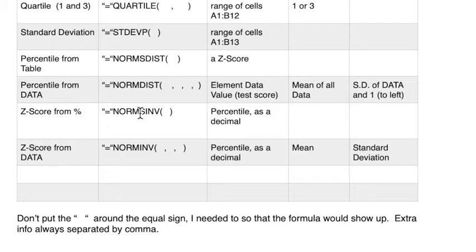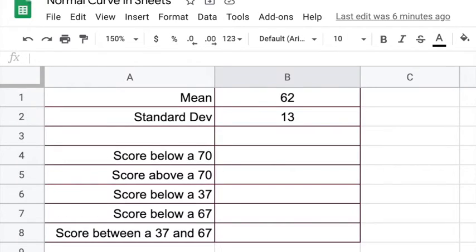Gives you a z-score from a percent, the other one requires data. To find normal curve answers is a little bit more precise than that chart I was just working off of, because that one only went for z-scores rounded to the nearest tenth. This one will take it to almost 9 or 10 decimal places or something crazy like that.